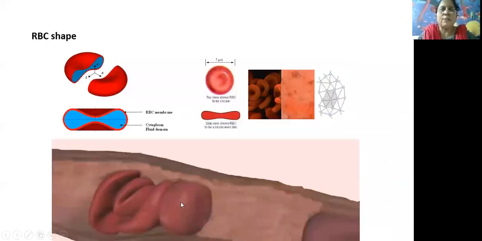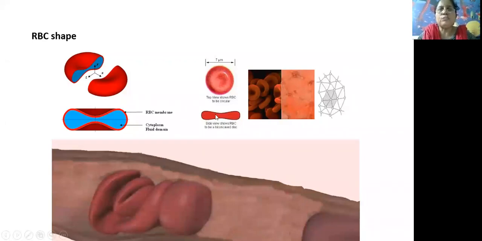So this is deformability. The blood vessels run right from the aorta till the capillaries. When the RBCs pass through the aorta, it's not a problem. But when it enters the capillaries, it has to squeeze in. Okay, that is deformability.